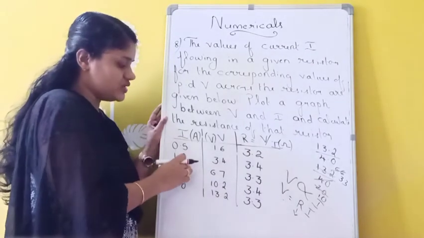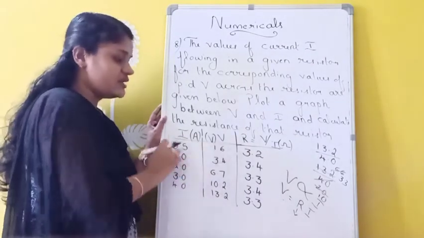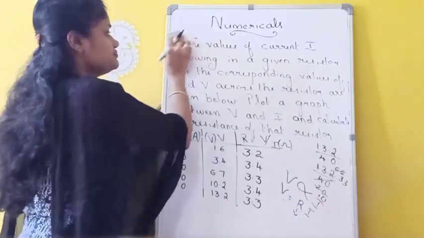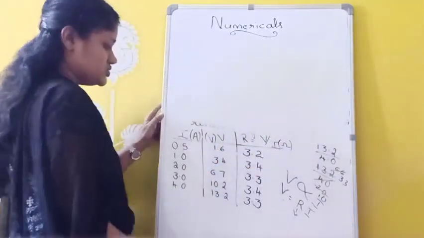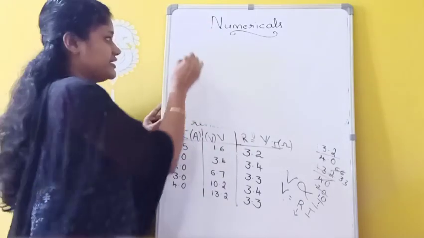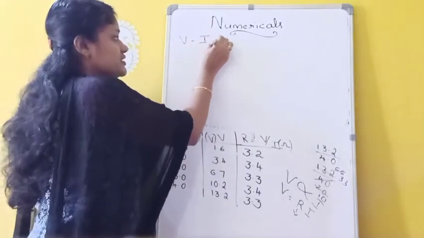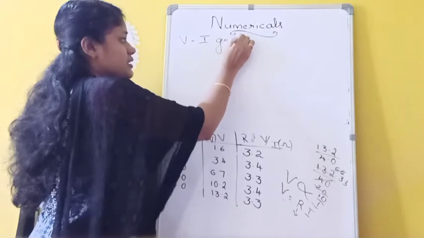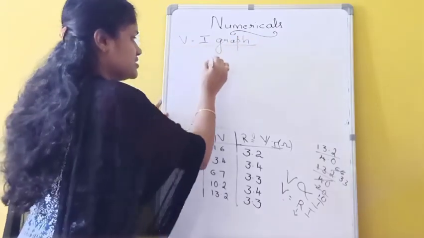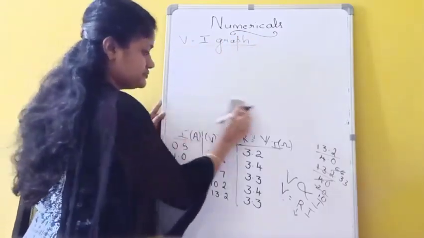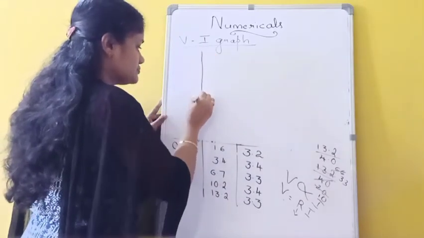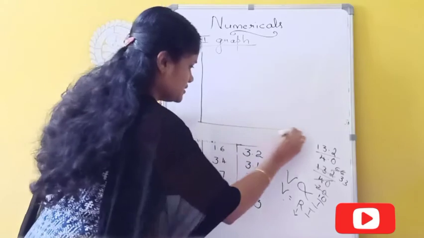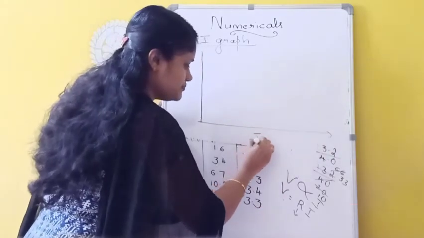Okay. Now what we have to do? We have to draw a graph connecting V and I. So whenever we are drawing a VI graph, current we are taking in which direction? X direction. Current is taken along X direction.